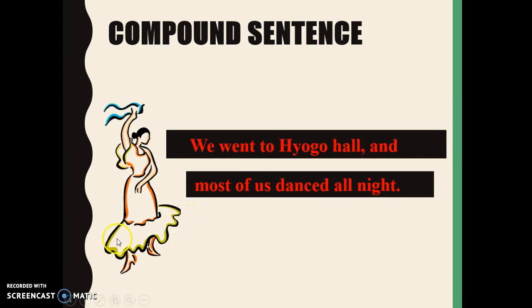For instance, here we have: we went to Hugo Hall and most of us danced all night. So when we read this sentence, we know it is a compound sentence. How? Because we went to Hugo Hall is one simple sentence, and another one is most of us danced all night. So there is a combination of independent clauses.